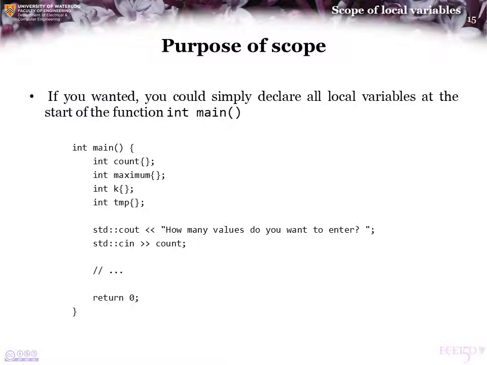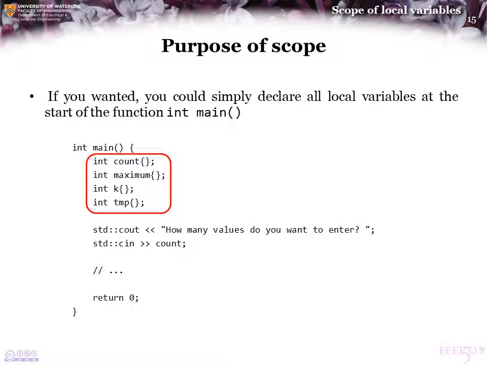So one way of solving this problem is to simply declare all your local variables at the start of the function main. So here are all the local variables. You could do this. However, this is actually poor programming practice. And if you were to submit this in code, say, to an interviewer for a co-op job, that interviewer might take a second thought about actually hiring you.